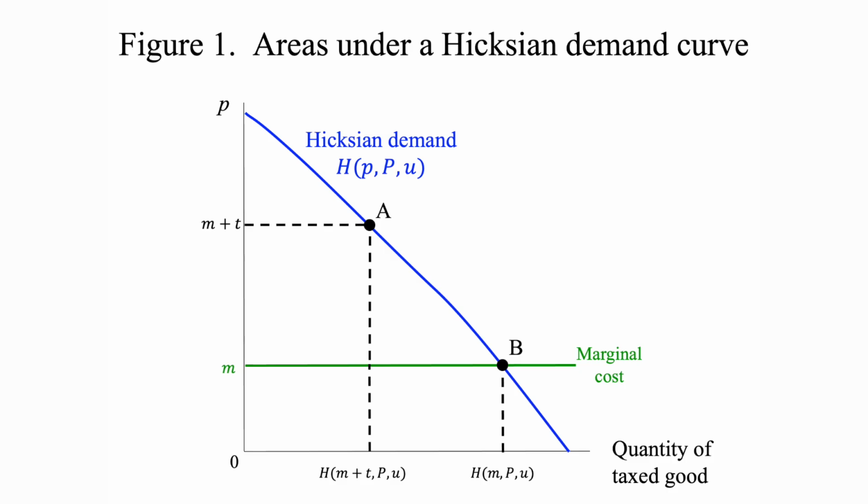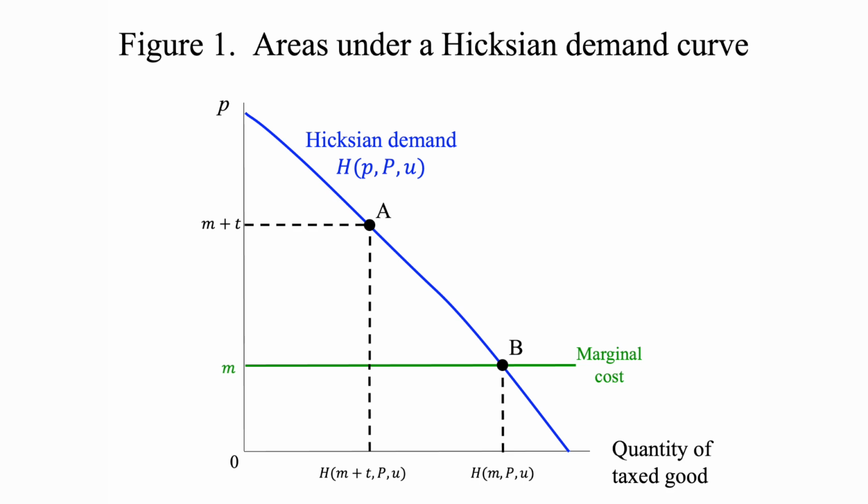Okay, I've put in two prices here, a baseline price, if you will, M, and we're going to equate that price with the marginal cost, which is going to be constant. So we now have kind of a supply curve here in green.